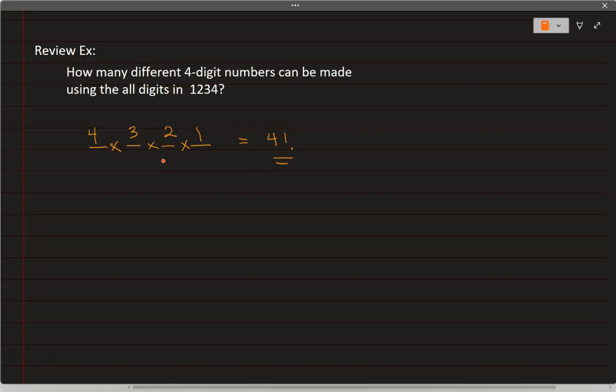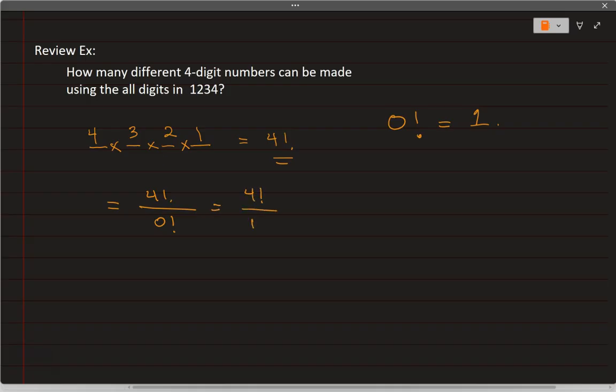Remember one basic definition: 0 factorial, we said by convention, is equal to 1. So this could be 4 factorial over 0 factorial, which is equal to 4 factorial.